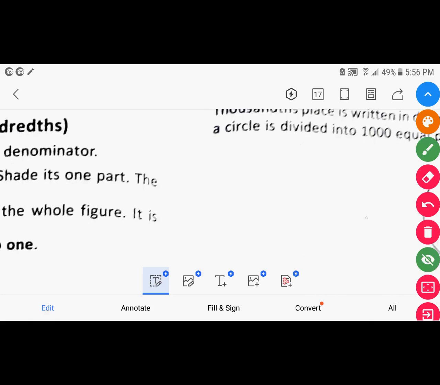If 0.2 is multiplied by 10, just move 1 digit to the right side, so it becomes 2. 0.02 into 100, just move 2 digits. Or if 0.2 into 100 is there, then move 2 digits to the right side.